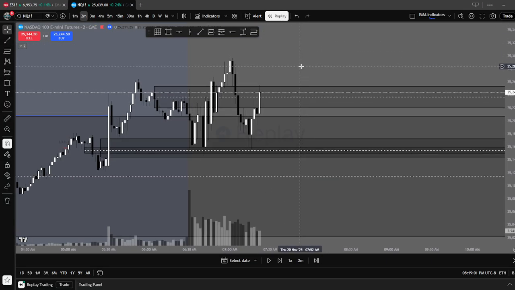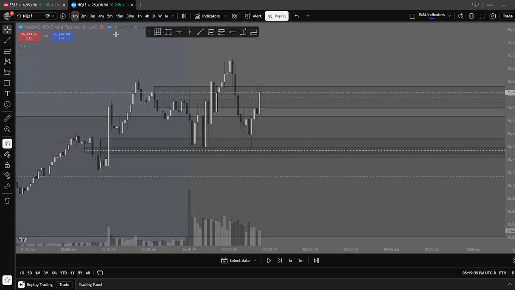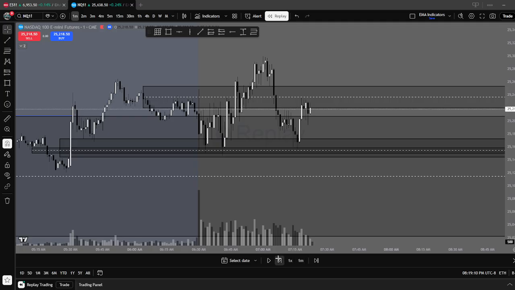If we could, let's just see what we do in the 1 minute here. So technically here's our PD array, is this 5 minute, but we seem to be filling above.